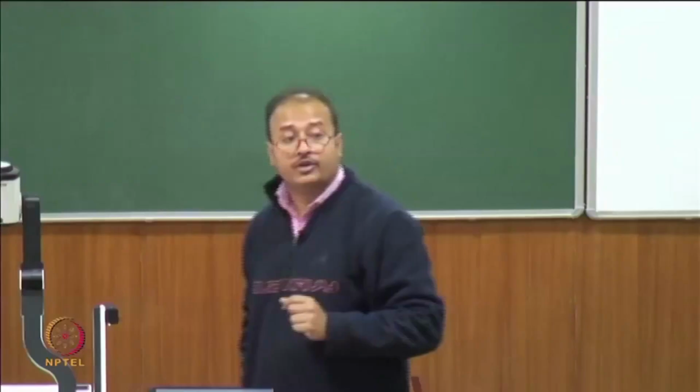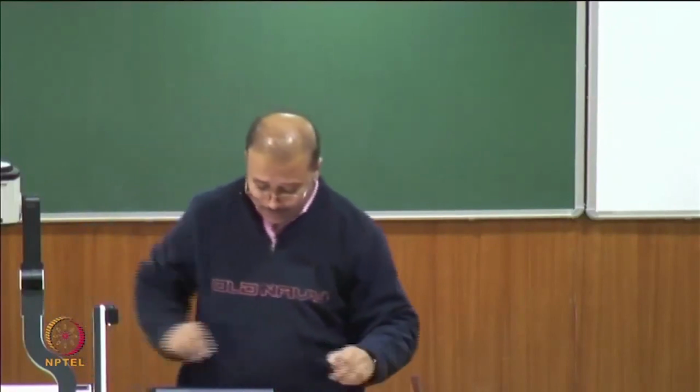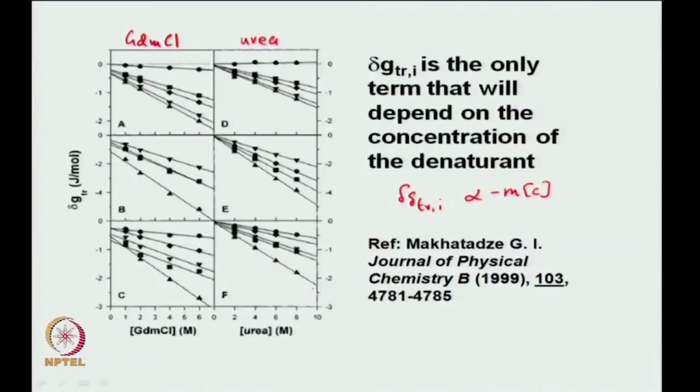But look at what happens in urea. In the case of urea, you are starting from here at 10 molar and you go back. In the case of urea, which is the right hand side, each and every curve goes to 0 at 0 concentration of urea, is it not? All of them extrapolate to 0 at 0 concentration of urea.